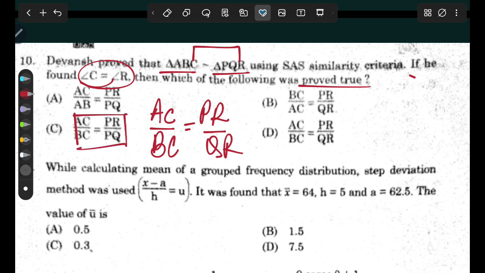C is the correct answer. As you can see, the sides surrounding these angles are going to be proportional. The sides surrounding angle C are AC and BC, and surrounding the angle R are PR and QR. So C is the correct answer.